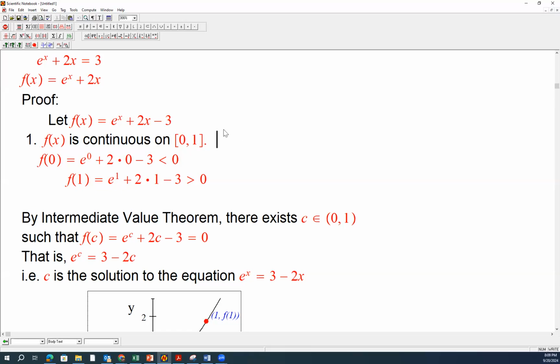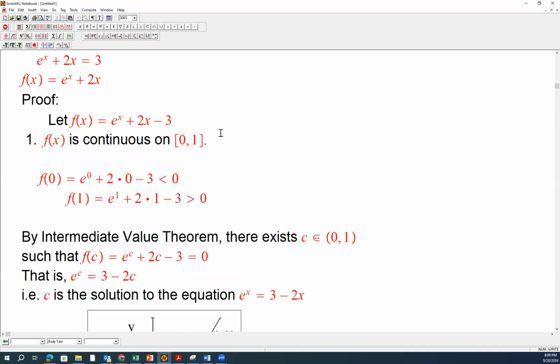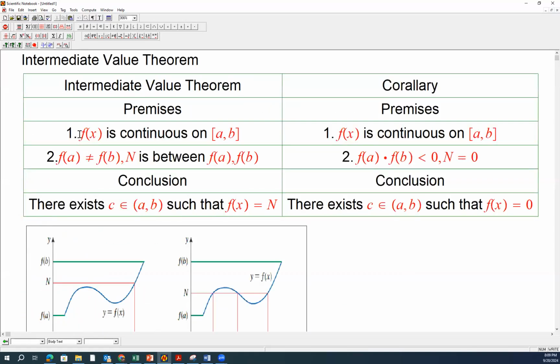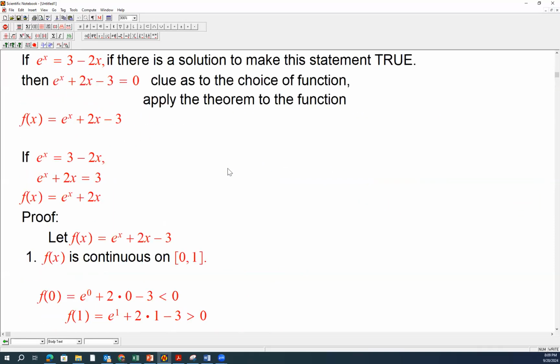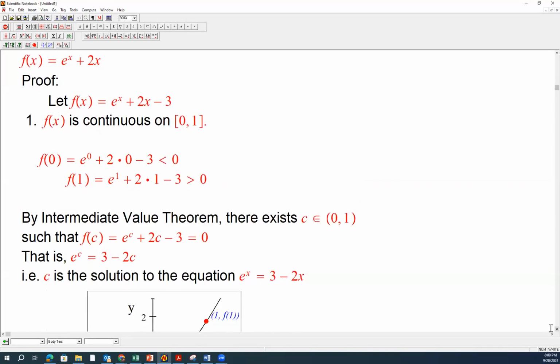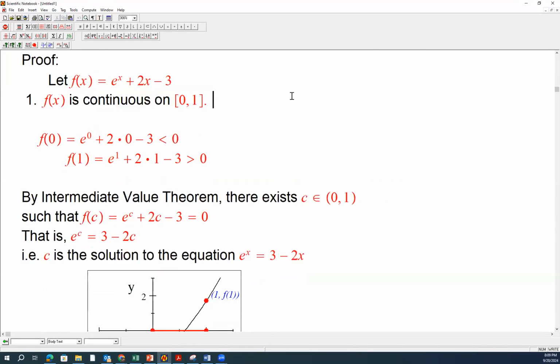That's true, but you still have to mention that the function is continuous on the closed interval. The reason is that it is required by the theorem. The theorem requires us to make sure the function is continuous on the closed interval 0, 1.